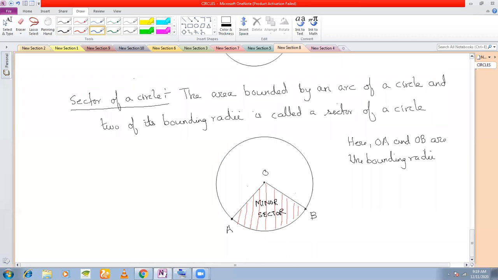And this becomes your major sector. You have OA and OB as the bounding radii, and which is the arc here? The major arc. So this is your major sector.